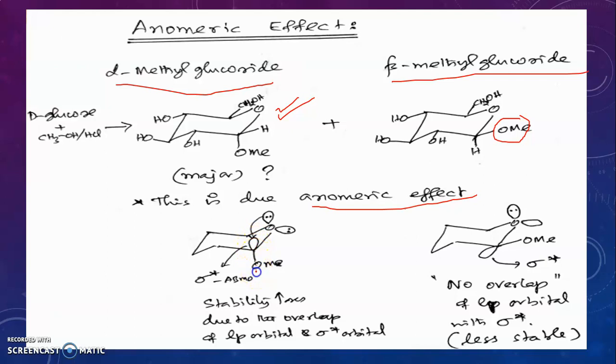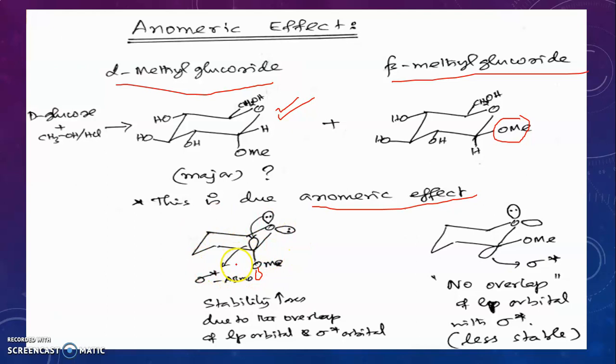So we have sigma star antibonding orbitals like this, right? Now, this orbital and the axial lone pair are very close. So there will be an overlap between these two. This overlap stabilizes the conformation to a greater extent. Therefore, this conformation is more stable.